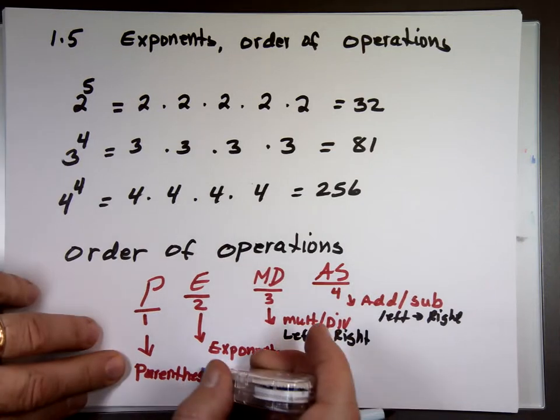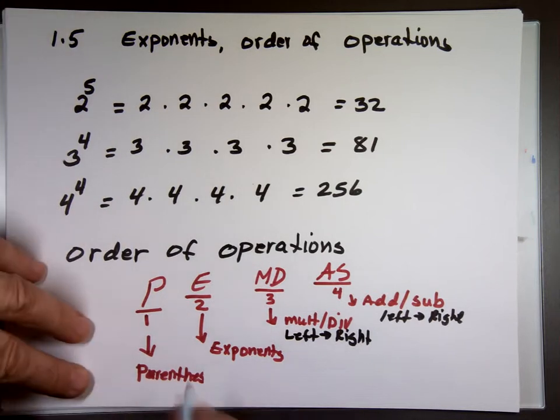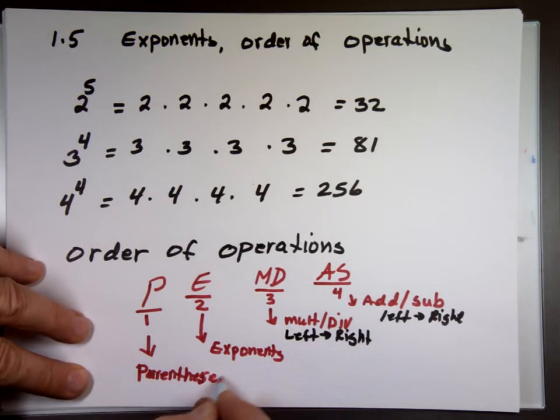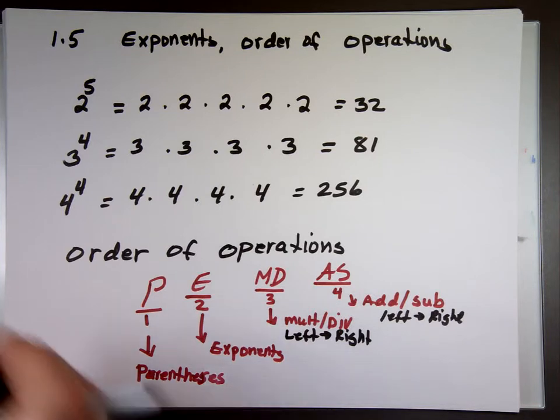That looks a mess there. Parentheses first, can you read that? Exponents, multiplication and division left to right, addition, subtraction left to right. So let's take a few examples and follow that.